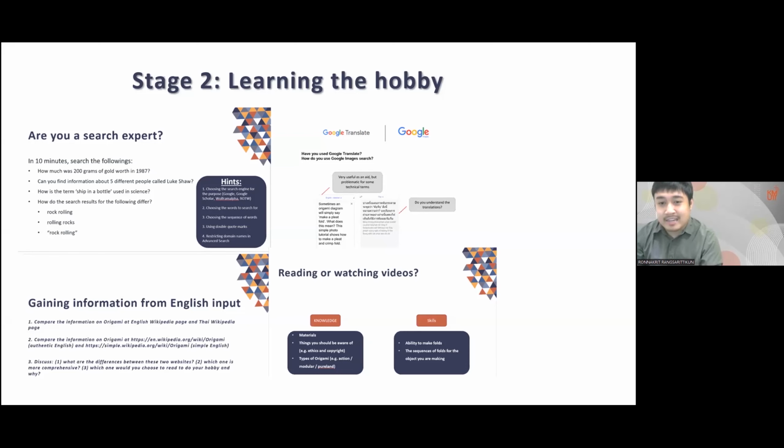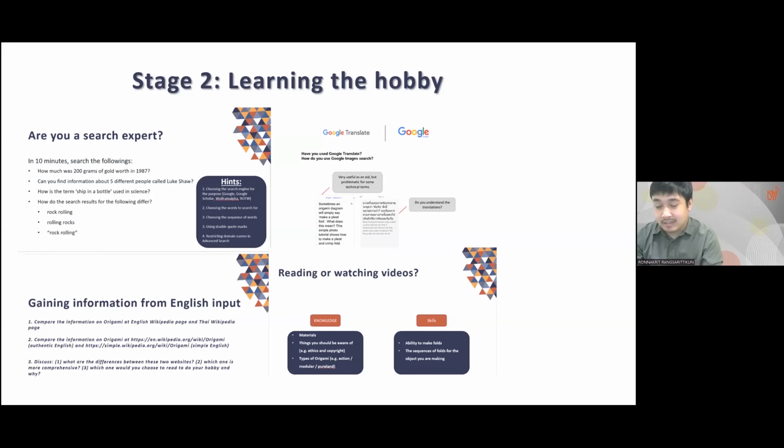And the third one, the aim of this lesson is to help them understand the importance of English, to realize that English is important. So to do this, we ask them to compare the information about origami on the English Wikipedia page and the Thai Wikipedia page.